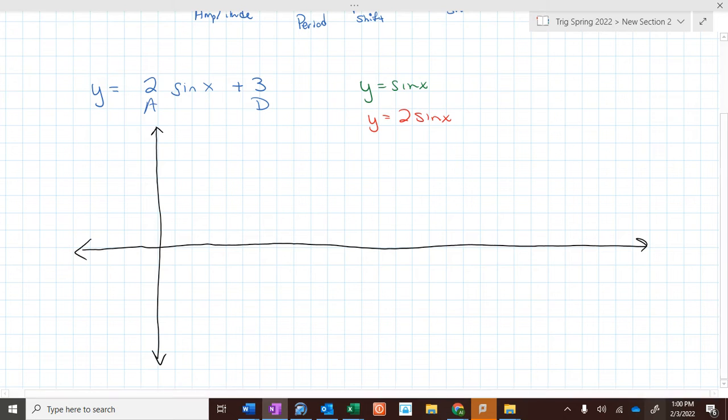Okay, so when I make out my graph, you look at all the squares, I go 1, 2, 3, 4, 5, 6 to get to pi over 2, another 6 to get to pi, another 6 to get to 3 pi over 2, another 6 to get to 2 pi.